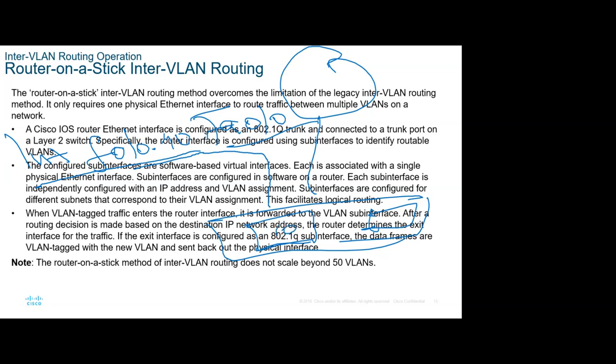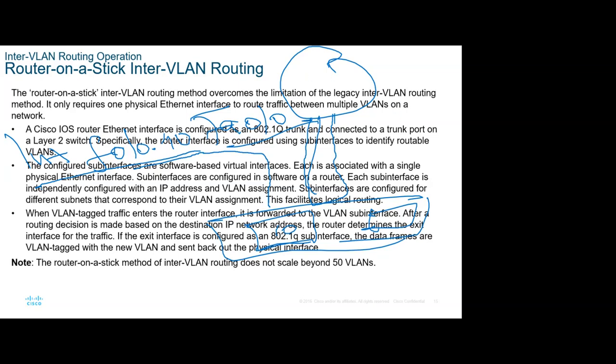So by looking physically, you just see a single interface. But within that single interface, is where we're going to create as many logical interfaces as needed. You won't see the sub-interfaces with your naked eyes. No, you won't.